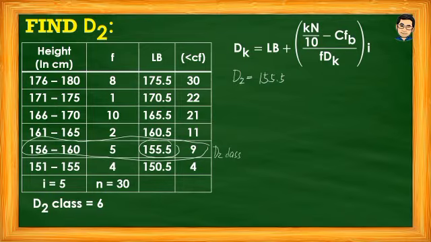Next, yung kn over 10 natin is 6. And then, the cumulative frequency before the D sub 2 class, yung nasa ibaba ng 9, yung 4. Next, yung frequency ng D sub 2 class natin is 5. And then, yung interval natin is 5.